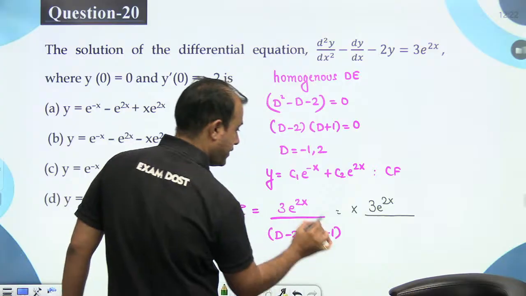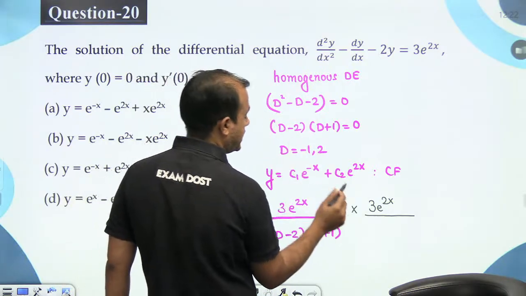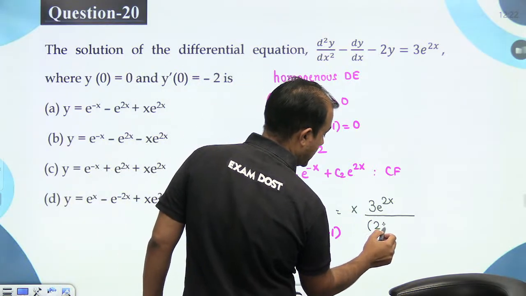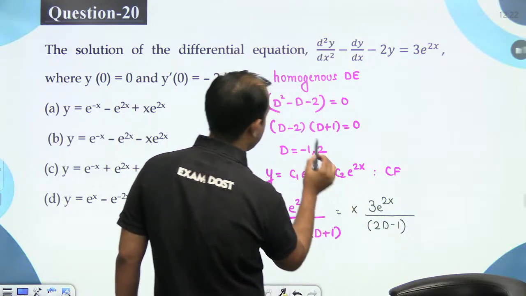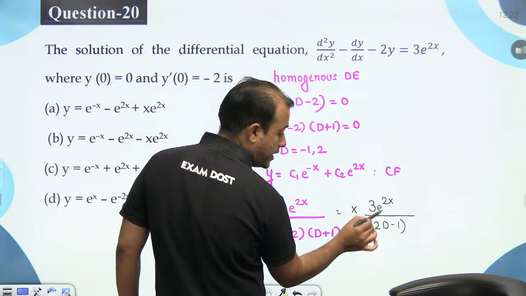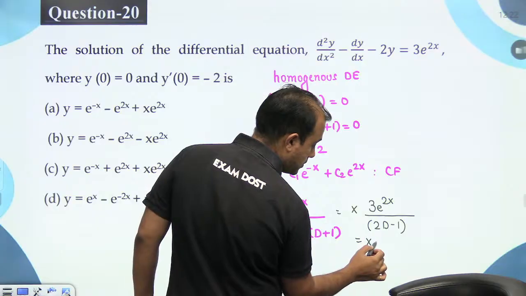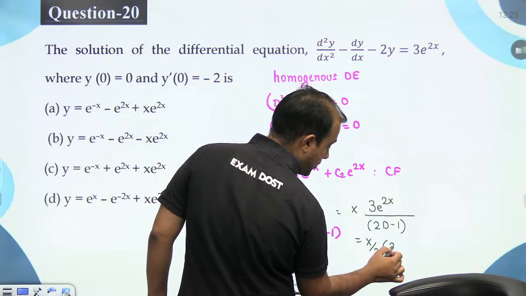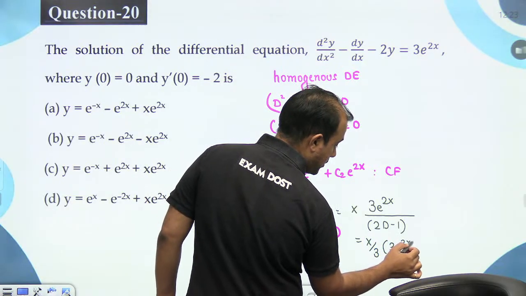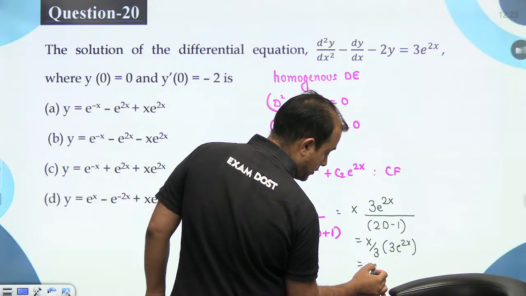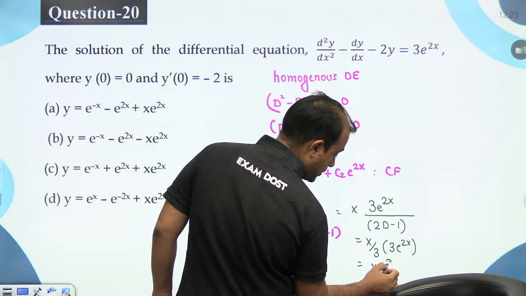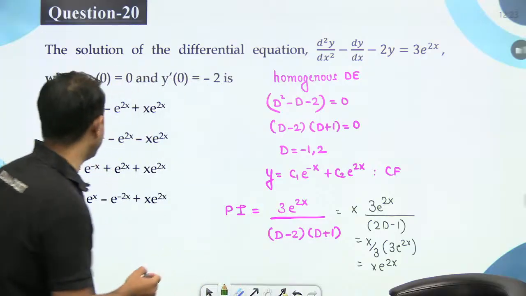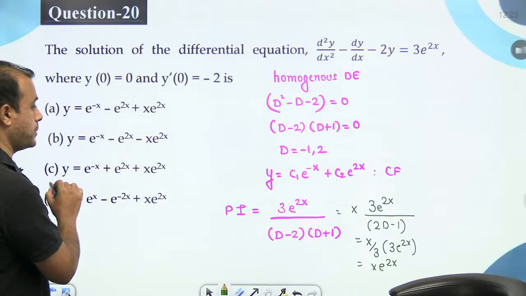We take the derivative of the denominator. The derivative is 2D − 1. Now we can put D equal to 2. So this will be x e^(2x). This is my particular integral, x e^(2x).